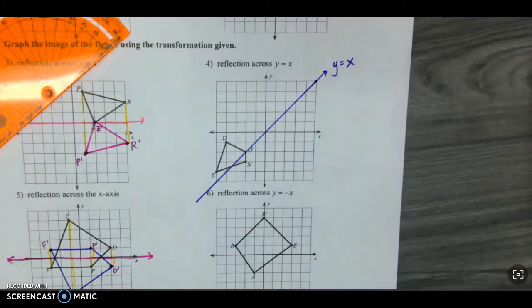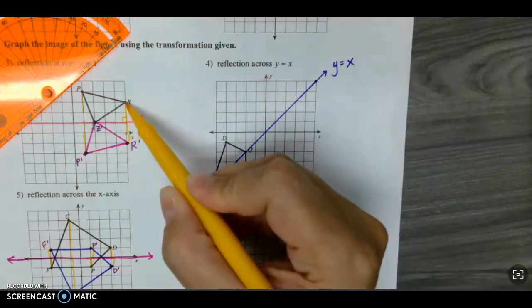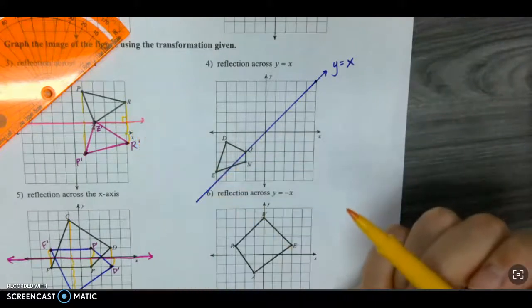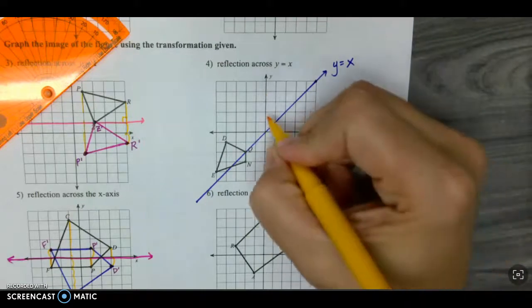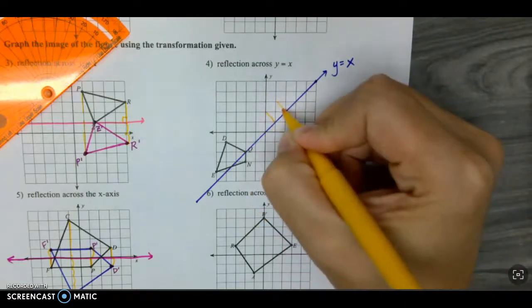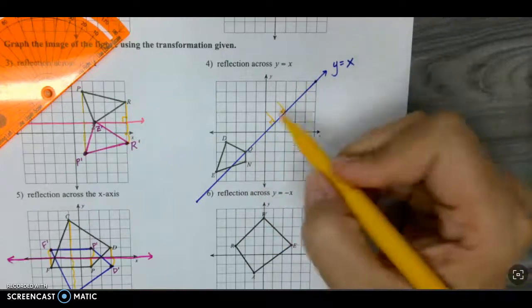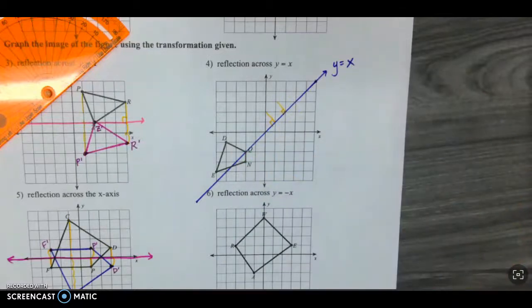And if you noticed, in the other ones, we were always counting the distance is always perpendicular. So as we're finding the distance from the line, this time we're going to be counting across boxes. Okay, because that distance would be perpendicular to our line of reflection. So these are just examples, but we'll use that down below.